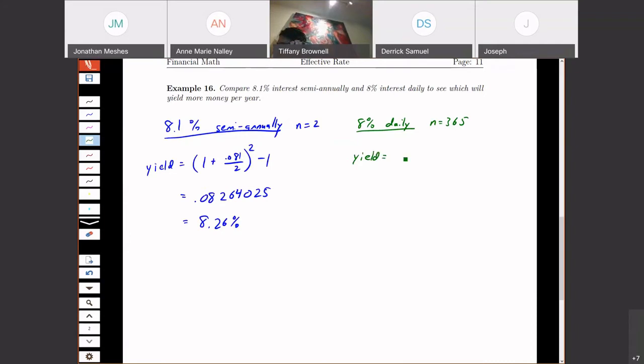All right, for the daily, my n is 365 and the r is 0.08.